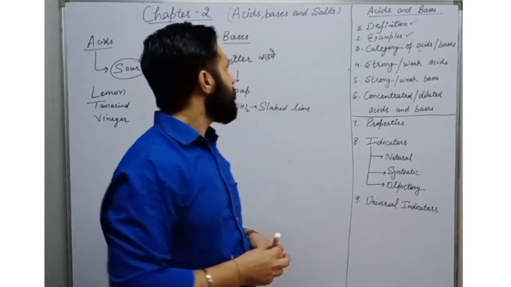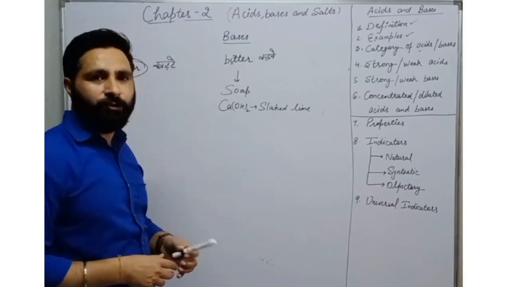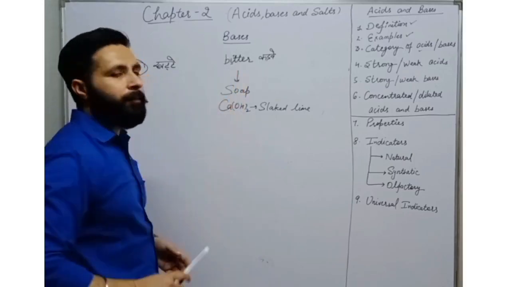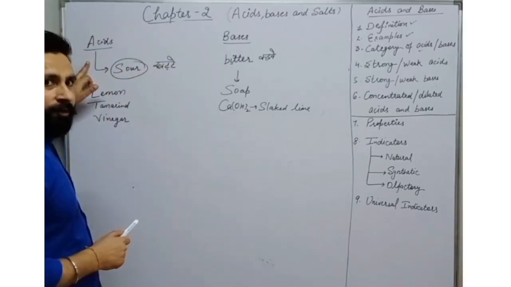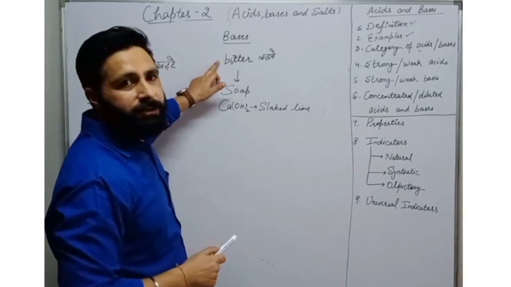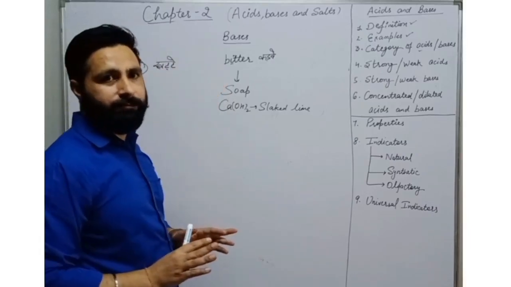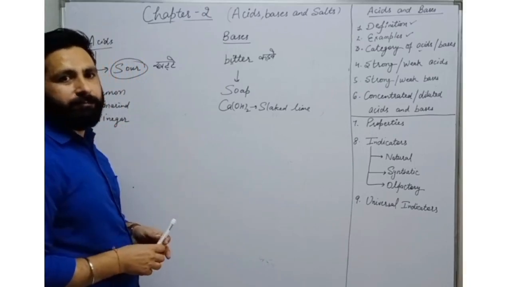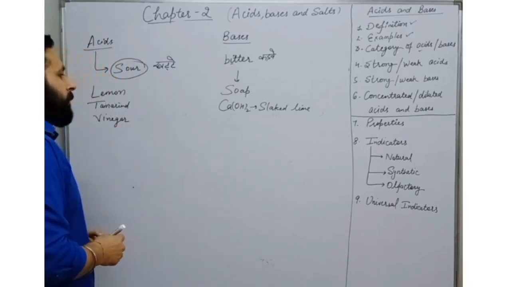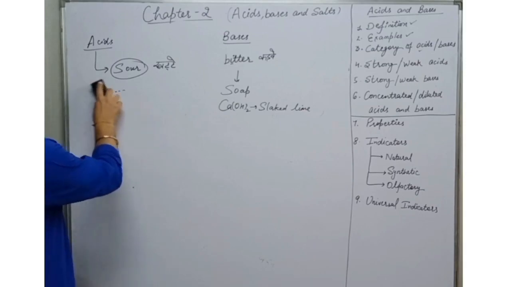So we can differentiate between acid and base on these points: acids are sour in taste, bases are bitter in taste; second, the touch of acid is watery and the touch of base is soapy. Although both are corrosive, both lead to corrosion. So this is all about acids and bases.